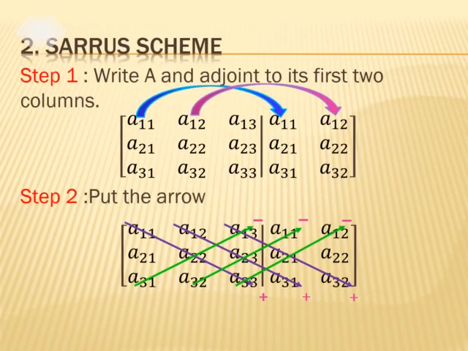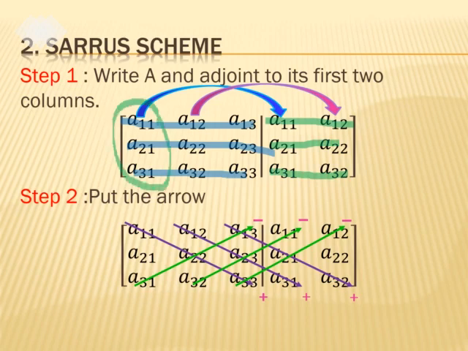So next we go for series scheme. Series scheme, the first step is write A and join to its first 2 columns. So this is our A. This one is you copy back column 1 and column 2 and then put it here at the back.